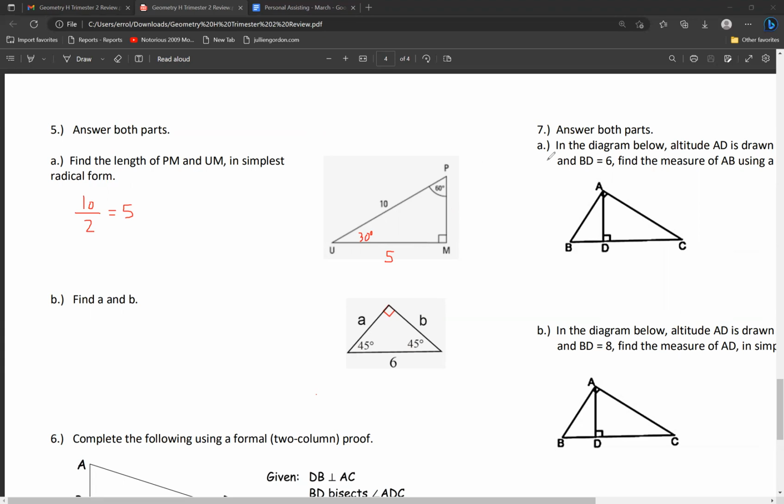The way I remember is that you usually put the radical on the 30 side and then the non-radical on the 60 side. Okay, so you're saying the 5 goes here? Yeah. So this is P, you're saying PM equals 5, right? Yeah. Okay, so what's UM?